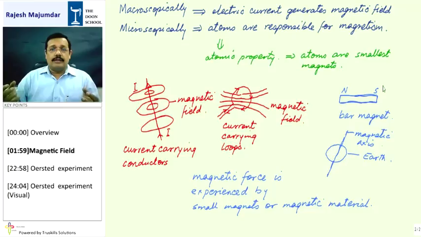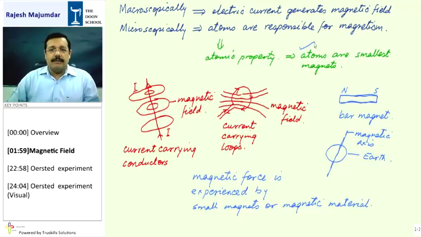Wood is magnetic in that sense, but the magnetic property is so less that it is not realized or observed in daily life. Because as I told you, you can go back to this concept that atoms are the smallest magnets. So wood is also made up of atoms. So magnetic property is there, but it is not highly pronounced. It is not highly effective, and that is why wood is not a magnet.